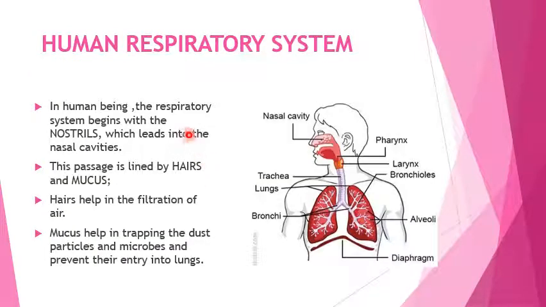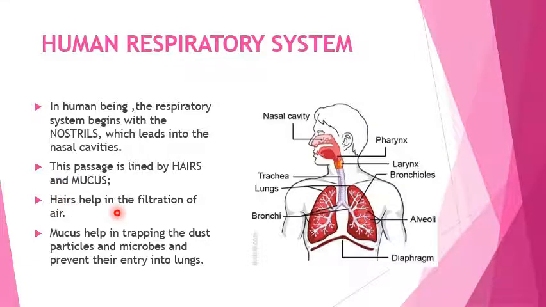Next, and a very important topic, is the human respiratory system. In a human being, the respiratory system begins with the nostril, that is your nose, which leads into the nasal cavity, and this passage is lined by hairs and mucus, which have a very special function.